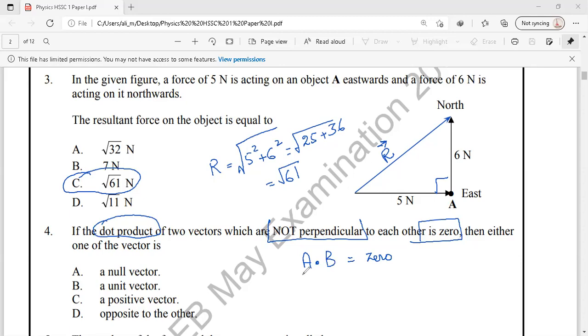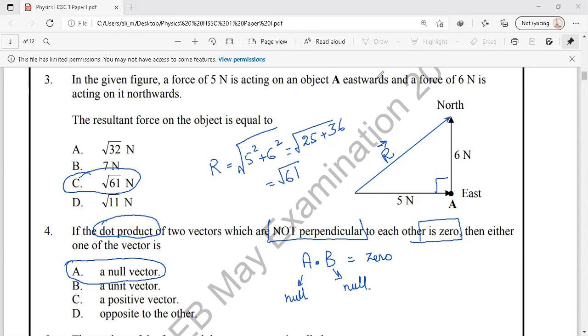This means that either this vector A is a null vector or this vector B could be the null vector, or both vectors could be null vectors. So the correct answer would be option A for this question number 4, that one of these two vectors or both of the two vectors should be a null vector for the dot product between them to be equal to 0.